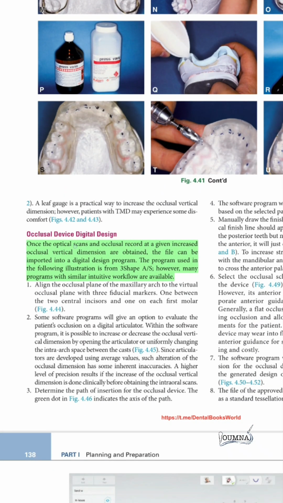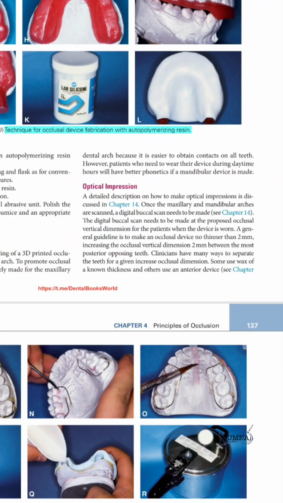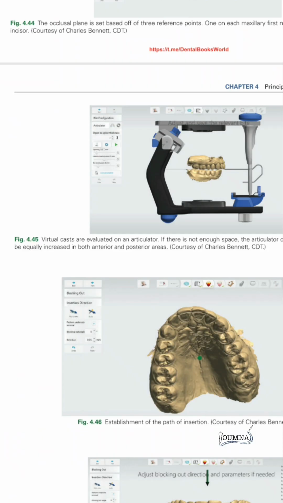These devices can be made by a digital design. After we take optical scans and the occlusal record with a given increased occlusal vertical dimension, it is usually recommended that the device is 2 mm in thickness, increasing the occlusal vertical dimension by 2 mm between the most posterior opposing teeth.